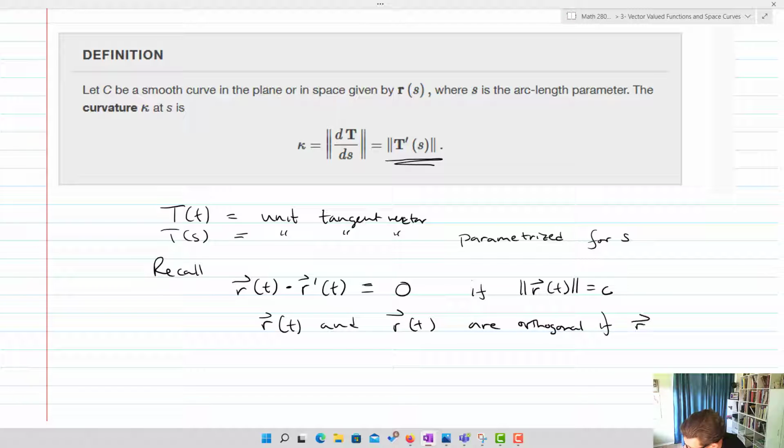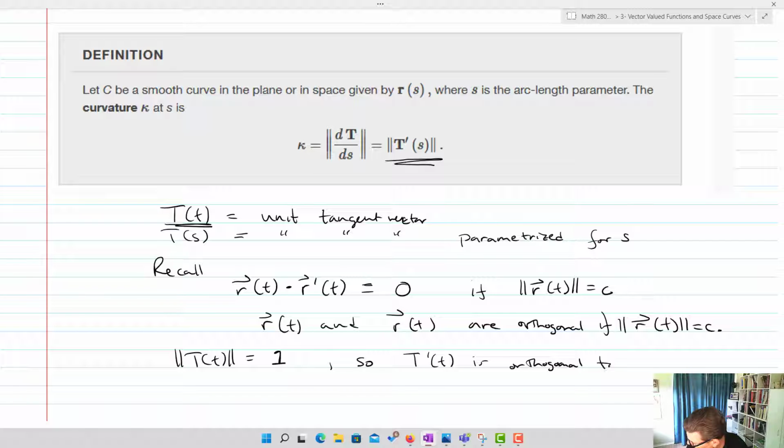Now, the unit tangent vector T has a magnitude equal to 1. So what that means is that T prime of t is orthogonal to T of t. They're actually orthogonal vectors.